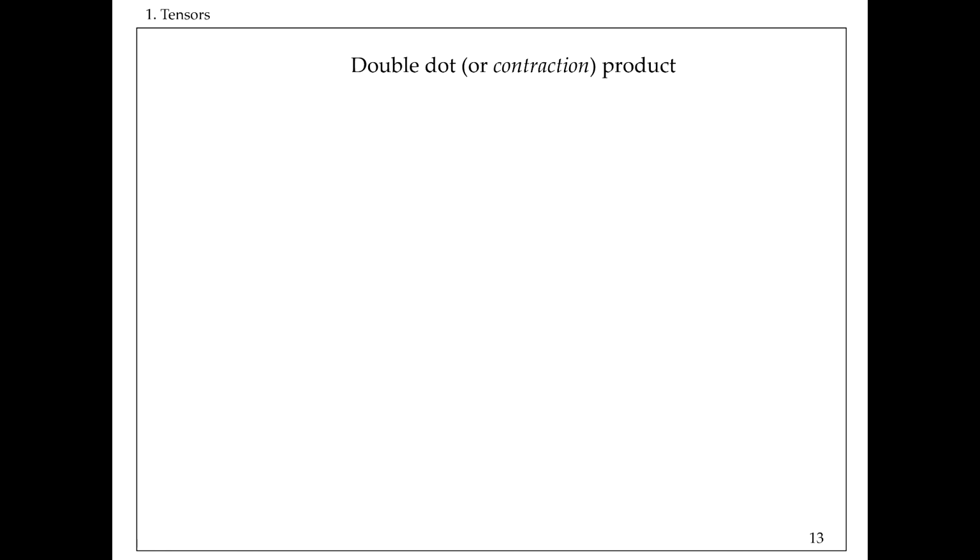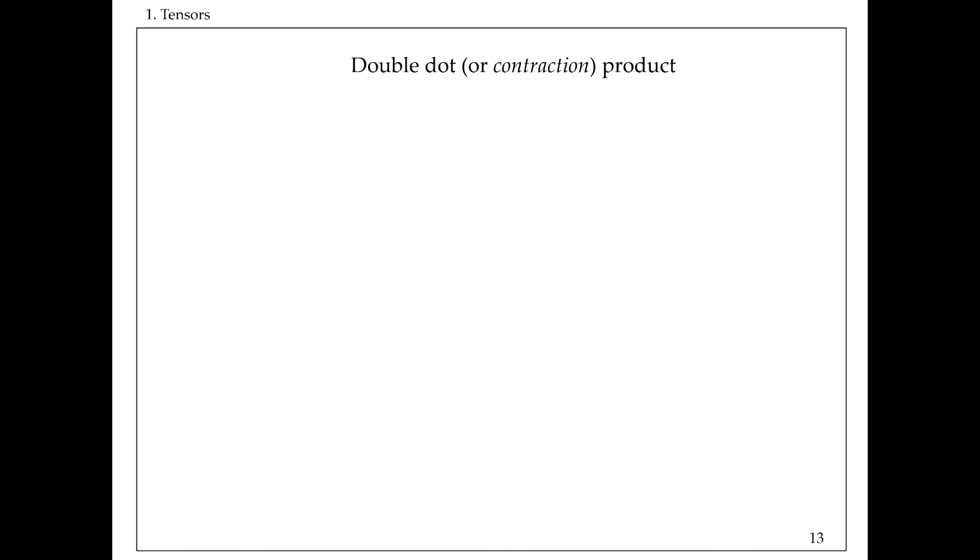But again, this is just a language, it can be defined otherwise. Nevertheless, the next important operation is the so-called double dot, right? So we borrow this dot product from the situation when we have two vectors, for example, and just projection of one on another.